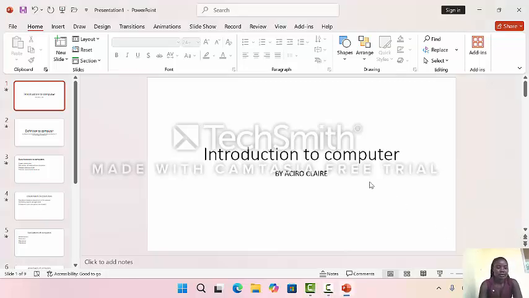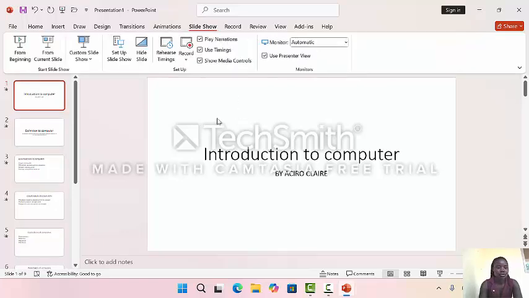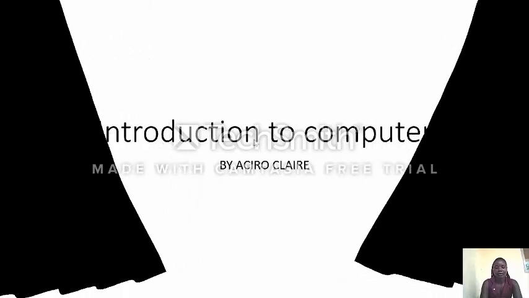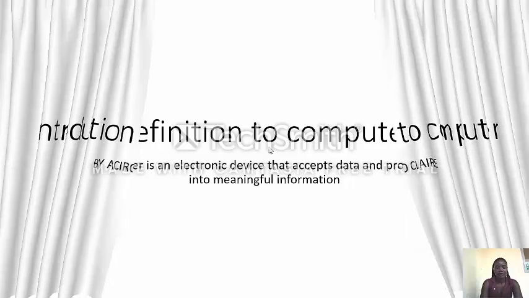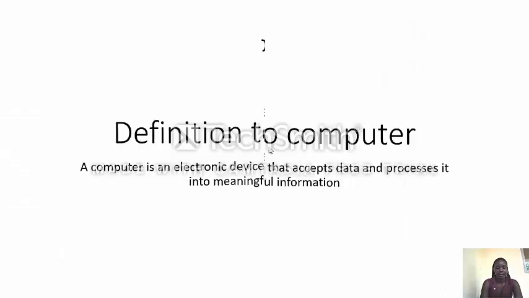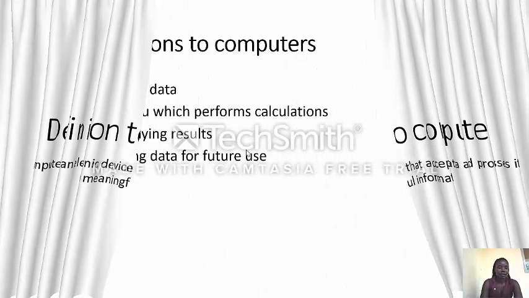So going back to the transitions we added. So when you want to see it from beginning to the end, you go to slideshow, and then you come from the beginning. You see how it comes because I've put the camera sound. You see how it appears. Yeah, that's just so nice using a PowerPoint.